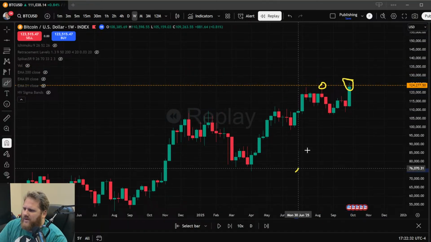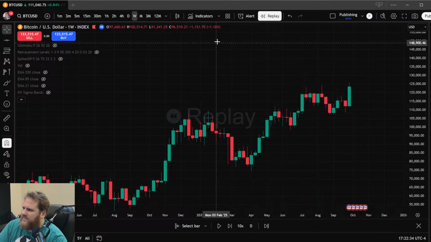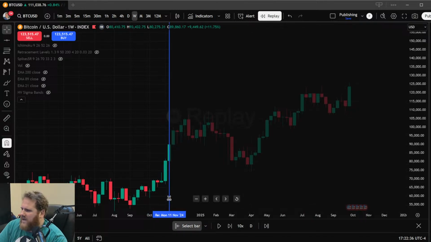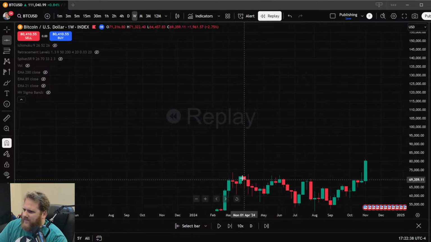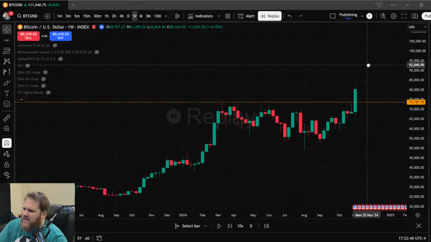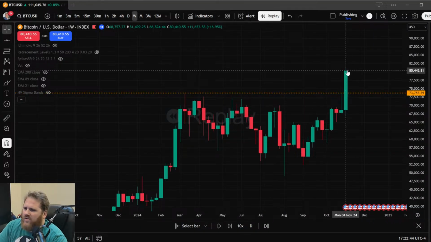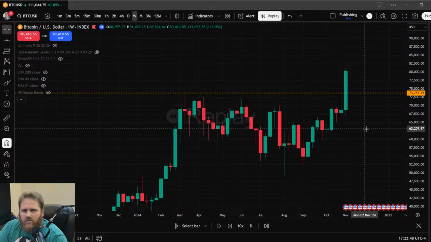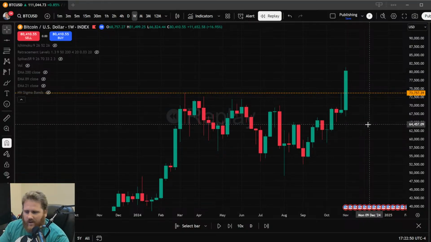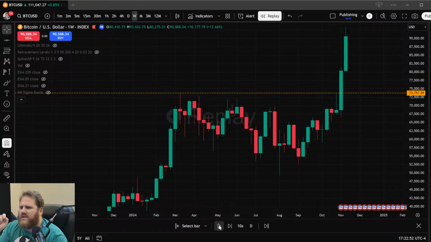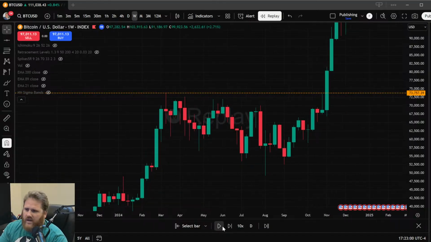A good breakout is this, like it did in November of 2024, a big green bar right up into new territory. That is a breakout. That leaves no question in your mind: were people buying more of this or not? And up it goes.